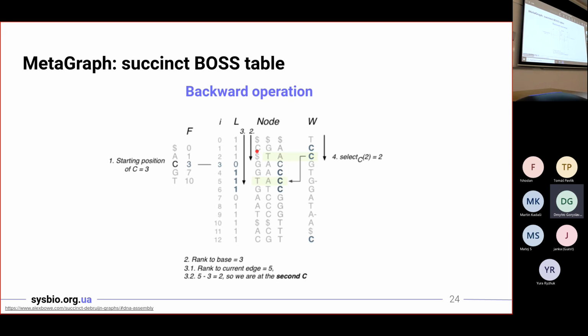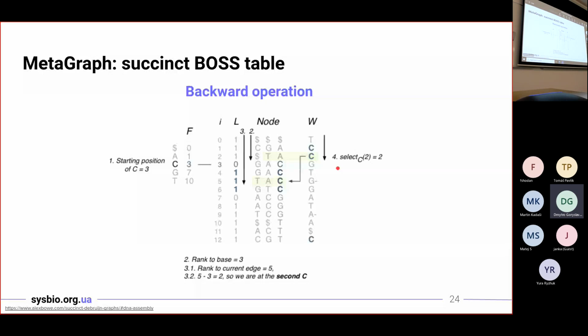Now we calculate the rank of these symbols at the index we started from. Once again, we would like to find the relatively positioned edge, and get the second C in the W array. So we select just the second C in this array, and that gives us the previous node of this node. These operations are done in constant time.